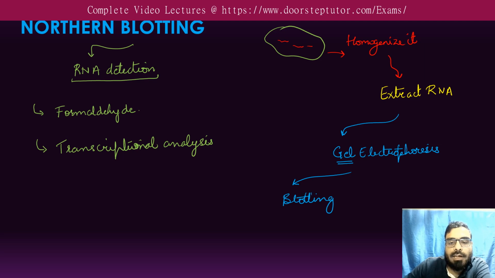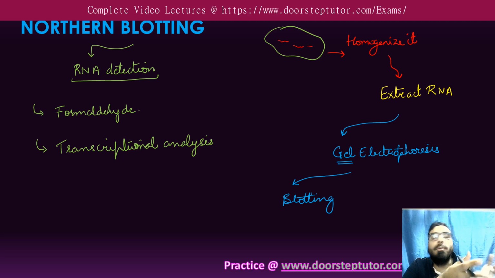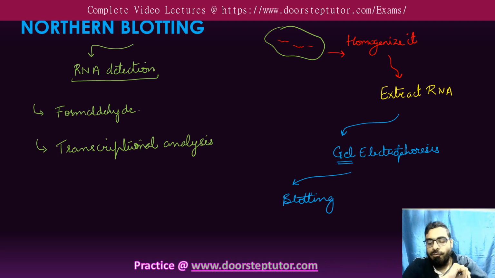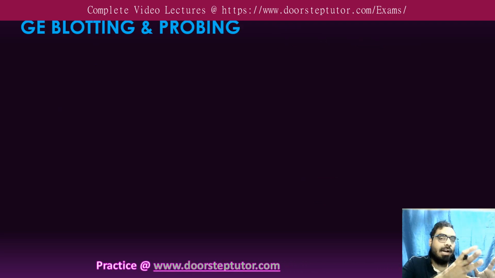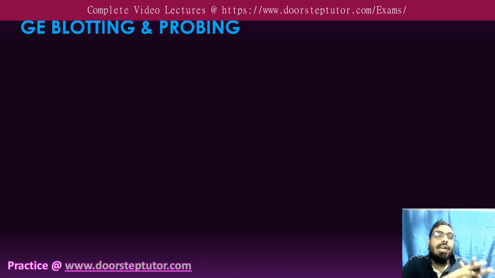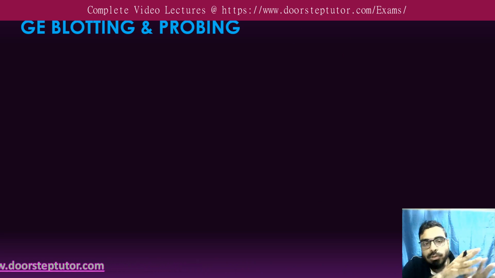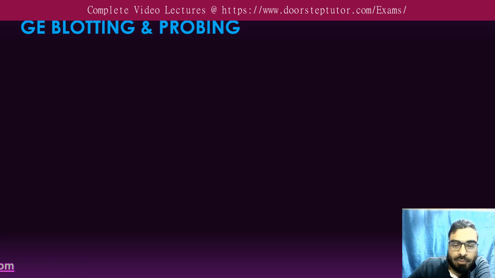As I told you, the procedure is more or less similar, only that formaldehyde is used here, which is different. So we already have RNA in our hands, and now we just do gel electrophoresis. You know that RNA also consists of a negatively charged backbone, similar to DNA.